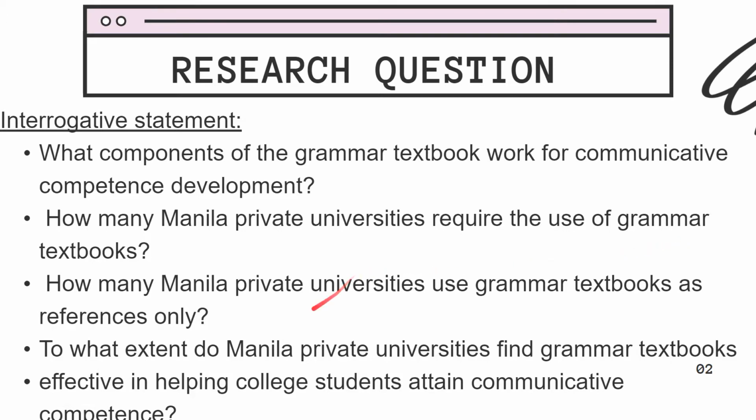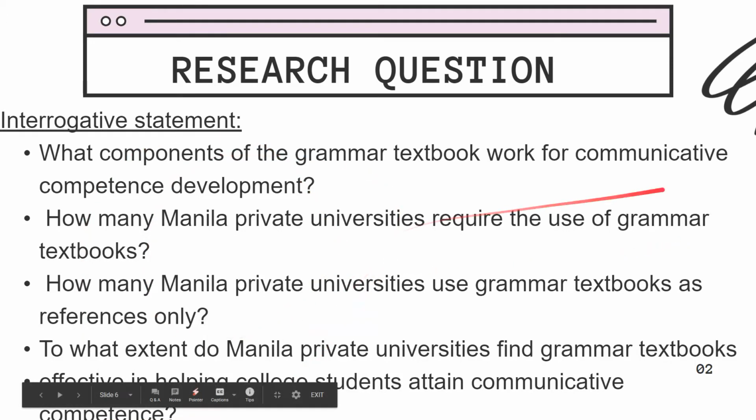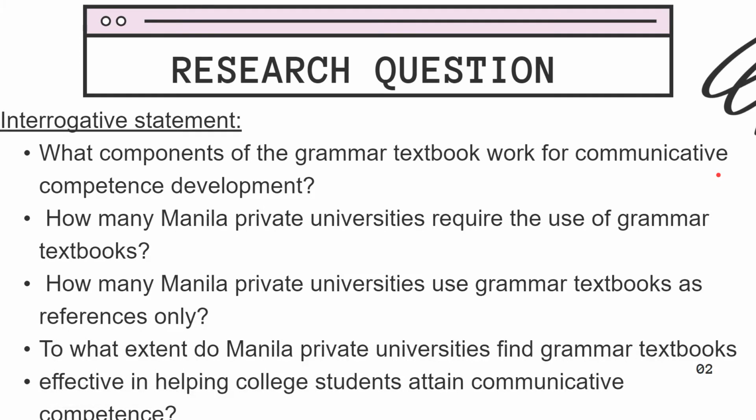Okay, so if you see here, these examples are in line with the example earlier with the research problem. That's because our research questions should always be in line with our research problem. So if your research problem is about marketing strategies, your research questions should be about marketing strategies.